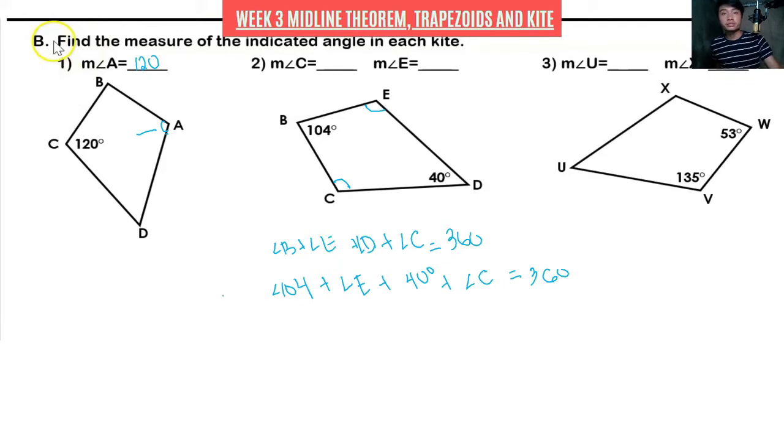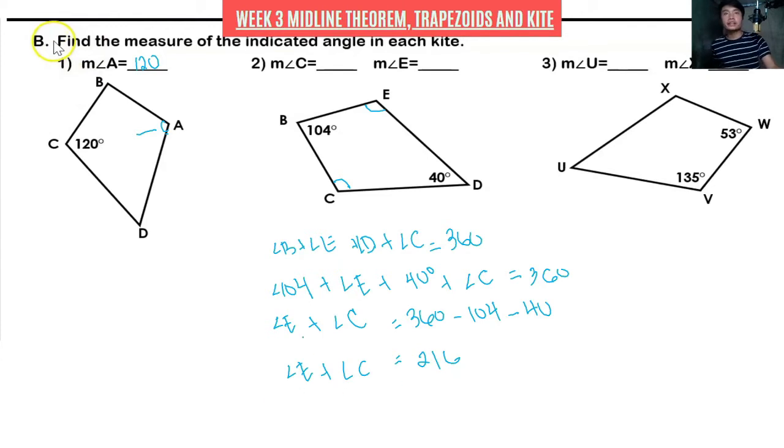Next, ang titira lang natin sa kaliwa is si angle E plus angle C is equal to 360. Since positive yan, magiging negative, minus 104 minus 40. So, pag kinalculate natin yan, angle E plus angle C is equals to 216. So, sir, yan na po ba yung sagot?